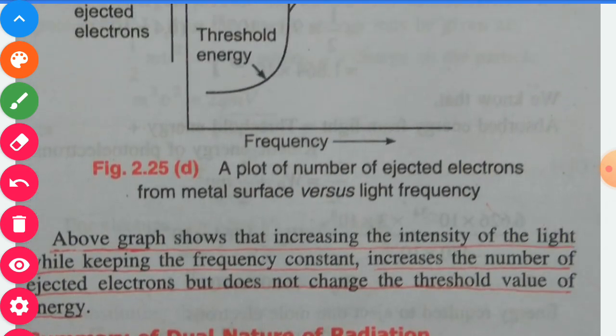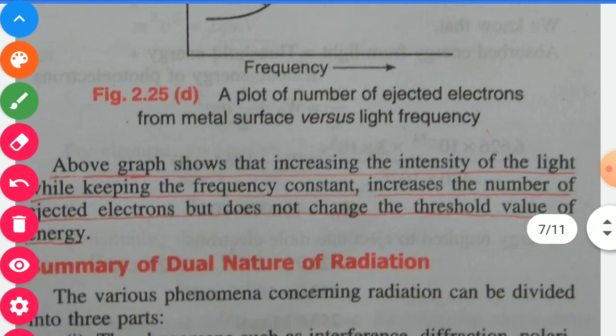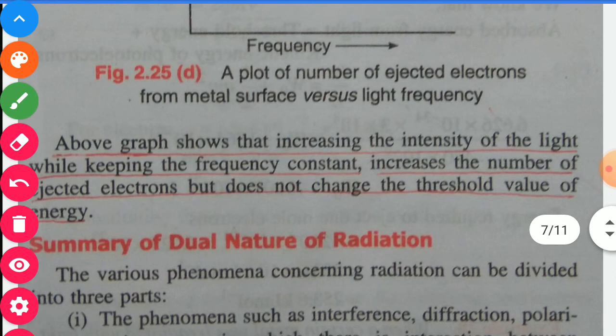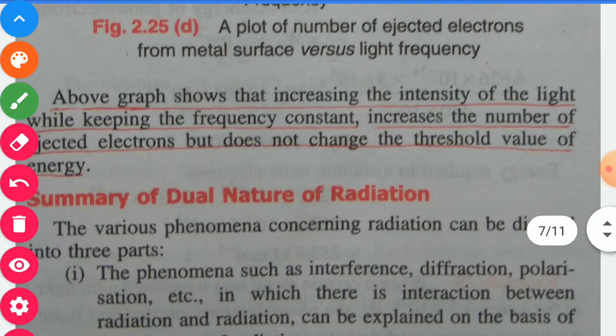The above graph shows that increasing the intensity of light while keeping the frequency constant increases the number of ejected electrons, but does not change the threshold value of energy.